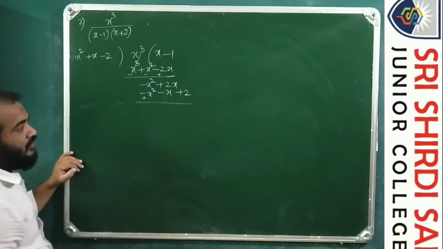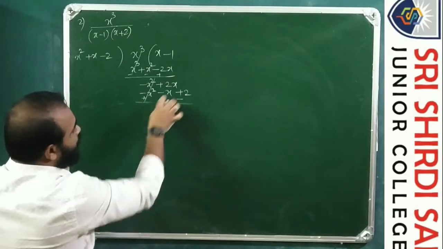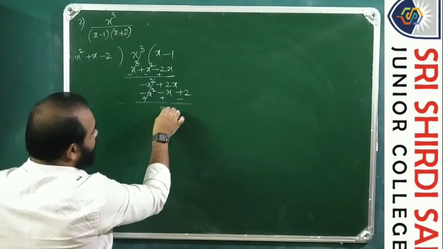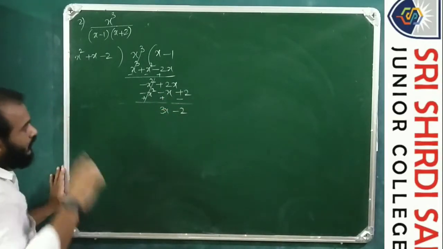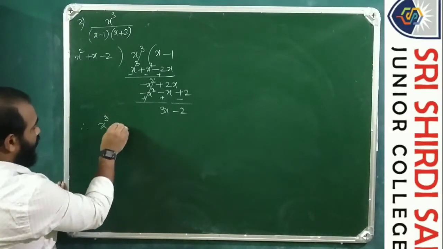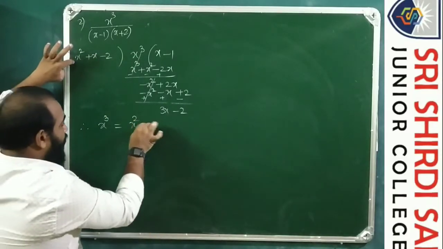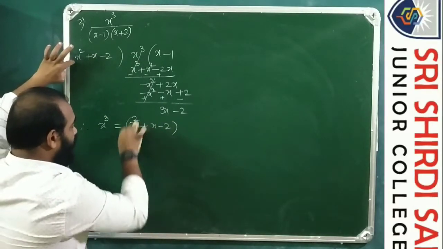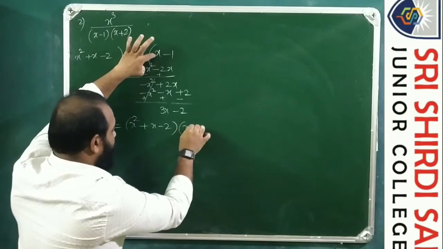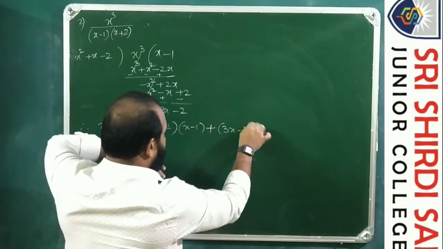So subtraction again, plus minus gets cancelled. 2x plus x is 3x minus 2. So therefore x cube is equal to x square plus x minus 2 into x minus 1 plus 3x minus 2.